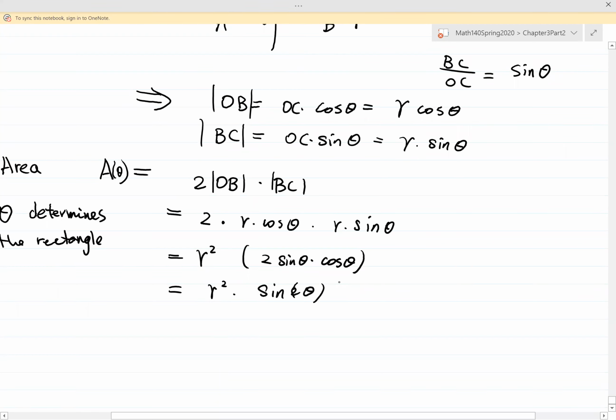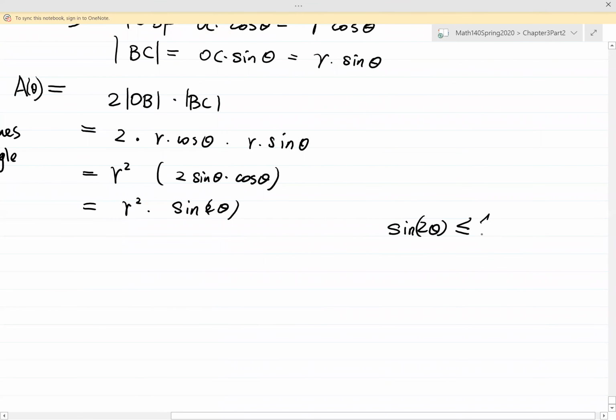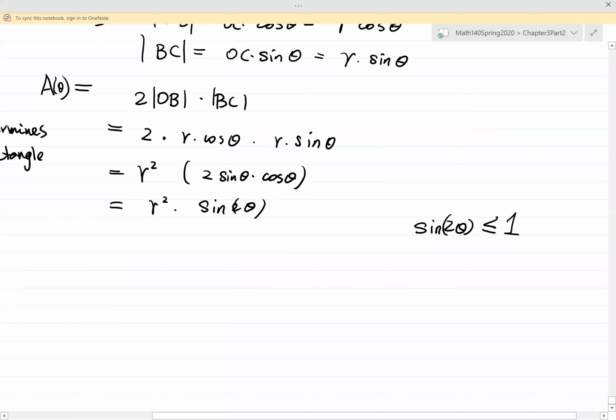Remember, the value of sine is bounded from above by 1. So A of theta is less than or equal to r squared times 1, which is r squared.